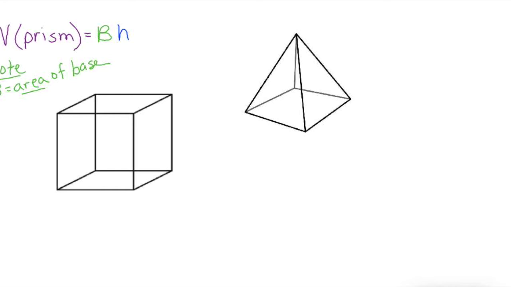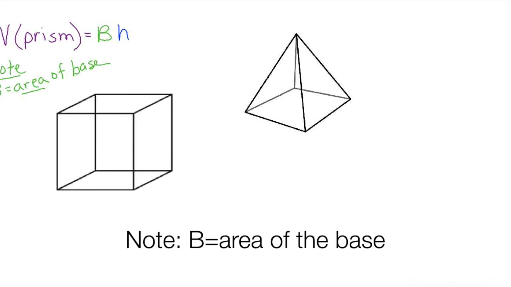Now let's summarize what we saw in our experiment. Remember, the volume of a prism is area of the base times the height. Remember, that capital B means area of the base. I have a pyramid that has the same base and the same height. The bases are both squares.